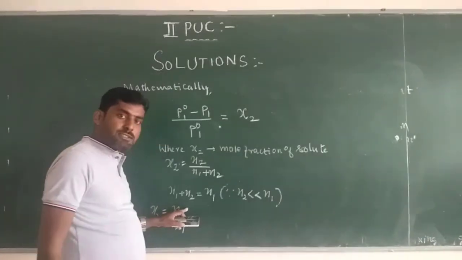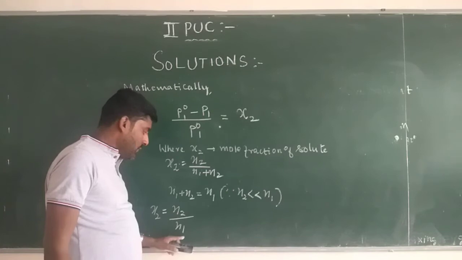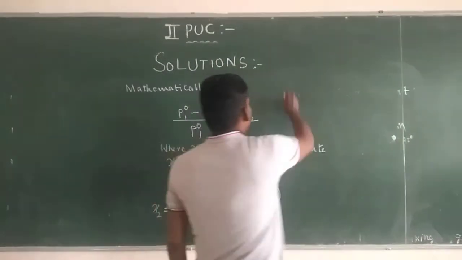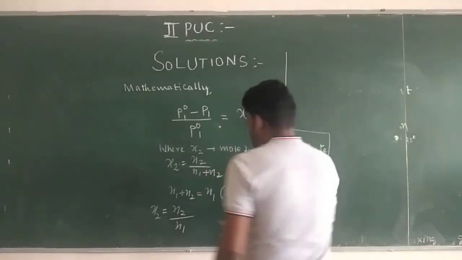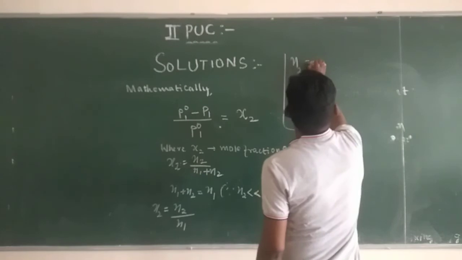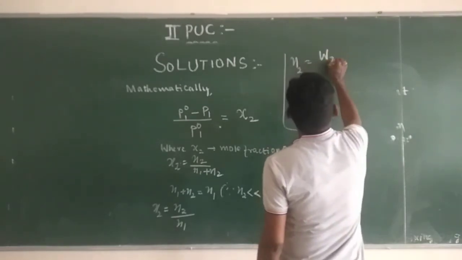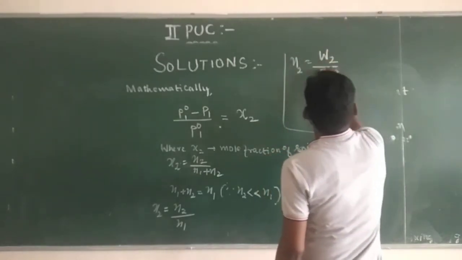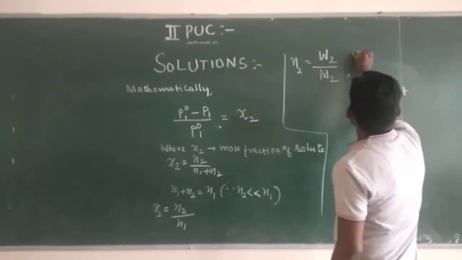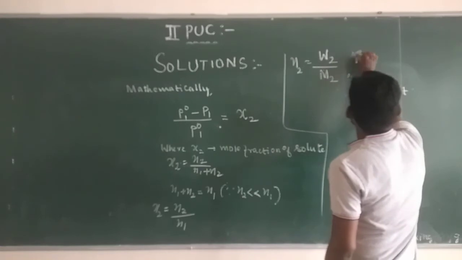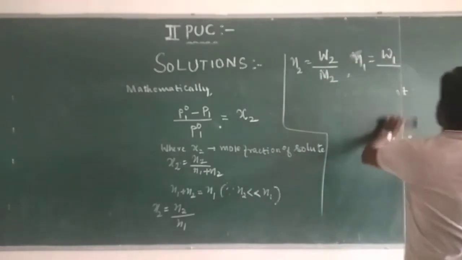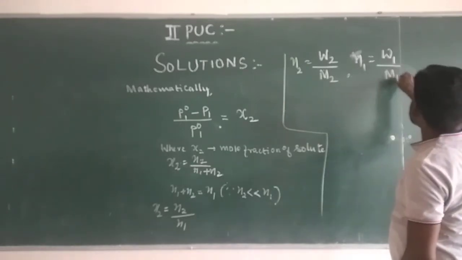N2, the number of moles of solute, divided by N1, the number of moles of solvent. N2 can be written as mass of solute divided by molecular mass of solute, and N1 as mass of solvent divided by molecular mass of solvent.